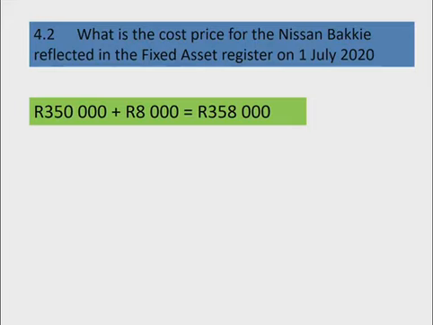So ultimately, in your fixed asset register, that Nissan Bakkie will be shown with a historical cost of 350,000. And once it starts depreciating, you'll have to write off the depreciation on the cost price, which is now 358,000.